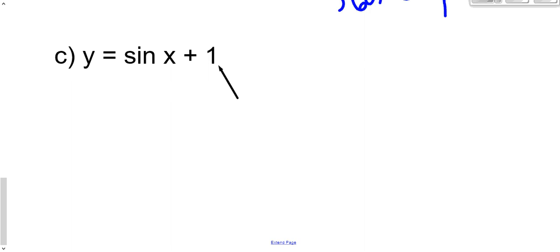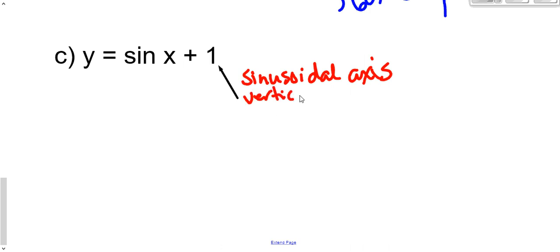So this is my sinusoidal axis. And it's what is moving this up or down, right? This causes a vertical translation.